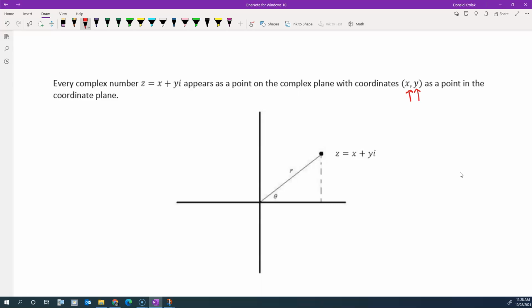So if z is located at some number x and some number y, there's another way of describing where z is using the angle.